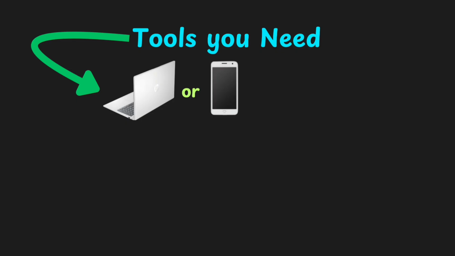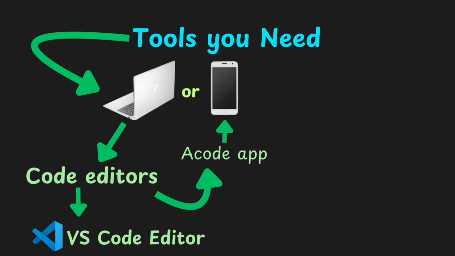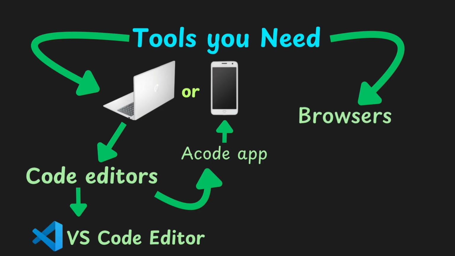The first software tool you need for the laptop is your code editor, and under the code editor, you have VS Code for your laptop. That's it for laptop. You can use the Acode app as a code editor on your phone if you are coding with your phone. After the code editor, the tool you are to download next is your browser.